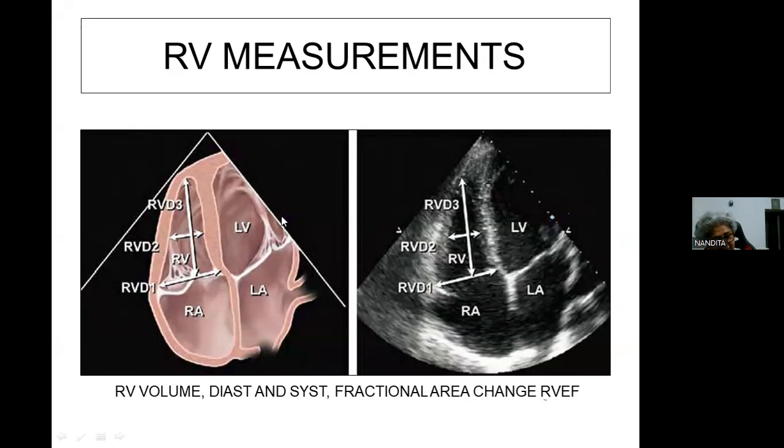Then the area of end diastole minus the area of end systole, expressed as a function of the end diastolic area, will give you the fractional area change. The difference between the two areas gives you the fractional area change.